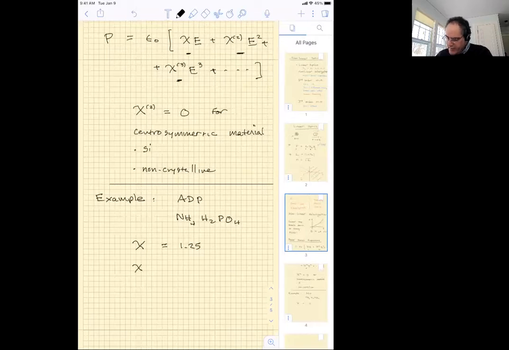And the second order susceptibility, which I'm writing as chi2, not chi squared, just chi2, is 1.5 times 10 to the minus 12. Okay? The susceptibility doesn't have any units, and the second order susceptibility has units of 1 over electric field.